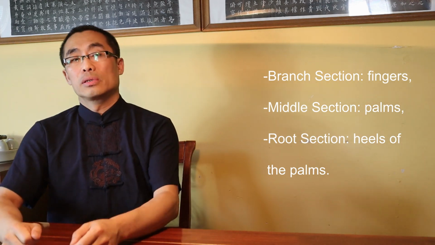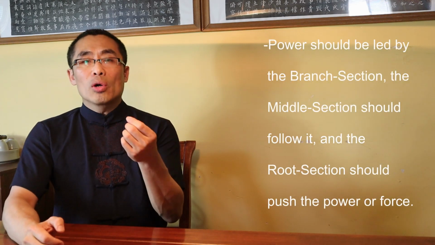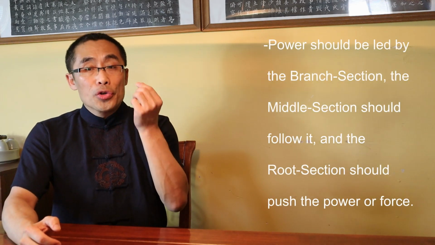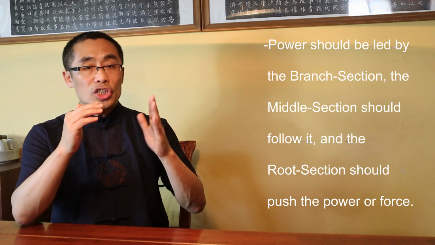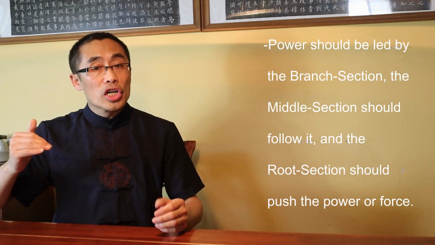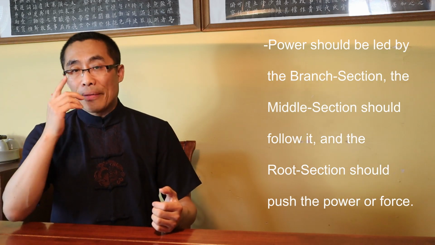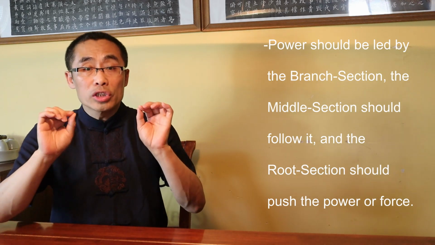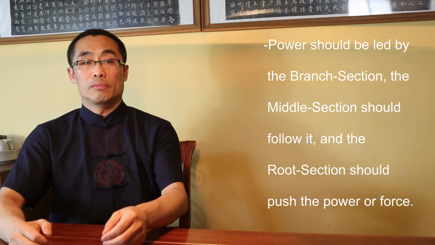Worth noting here, the author used the terms root and branch to indicate the relationship between each part according to the source of power or force. Later, the author also emphasized that power should be led by the branch section, the middle section should follow it, and the root section should push the power or force.